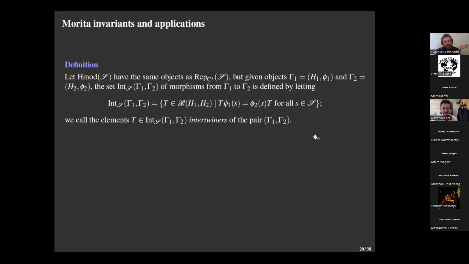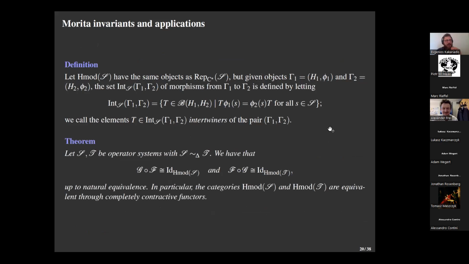You can ask the same question about another class of representations where the morphisms now are intertwiners, and again the answer is practically the same. Like you play the same trick, and it follows through.